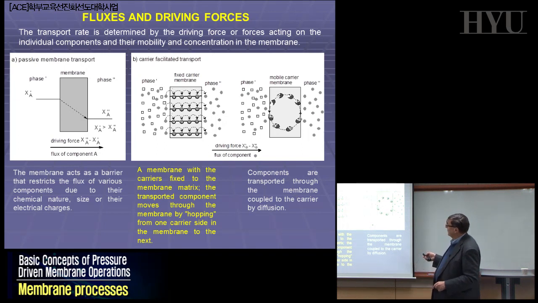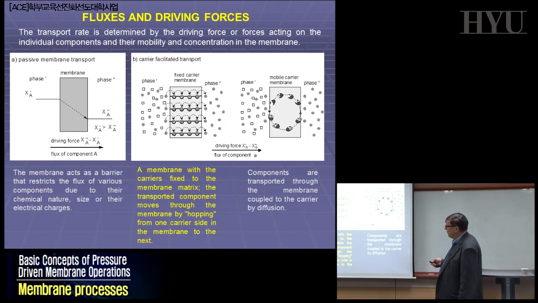We will now start to discuss which are the fluxes and the driving force that characterize my separation. And that can be the last slide for today. We can have two different kinds of mass transfer across our membranes under the appropriate driving force that we saw before. One is what we call passive membrane transport, and the other is facilitated transport.